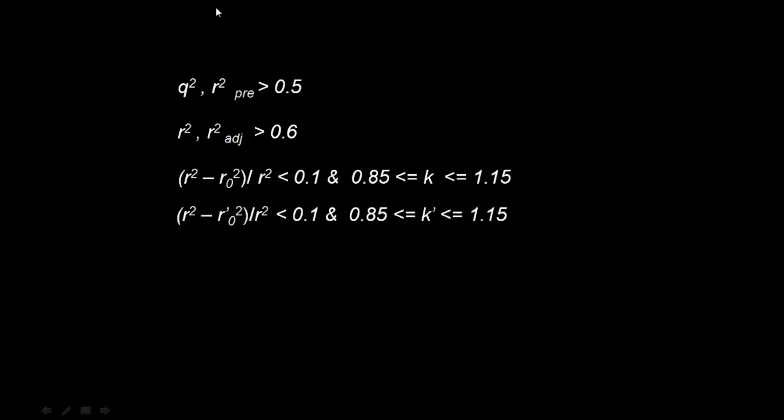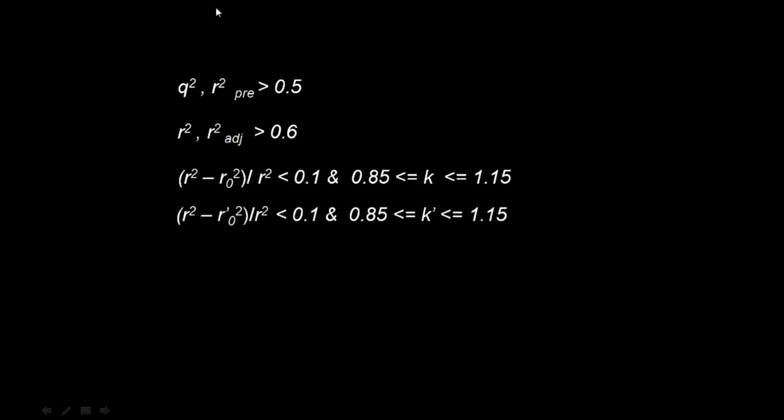Then R square minus R naught square, that means when you force the regression line to pass through the origin, we call that R naught square, divided by R square should be less than 0.1. And when you force it to pass through the origin, the slope should be almost 1.